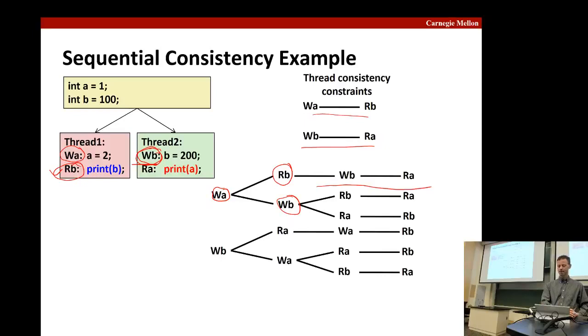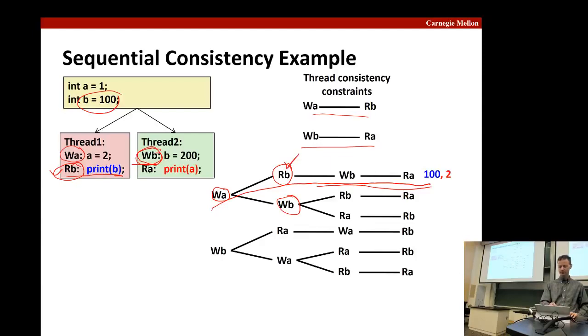If that's the order in which things conceptually happen, what gets printed? It is 102. Do you see why? When this thread did the read of B, it read this value here because the write hasn't occurred yet.